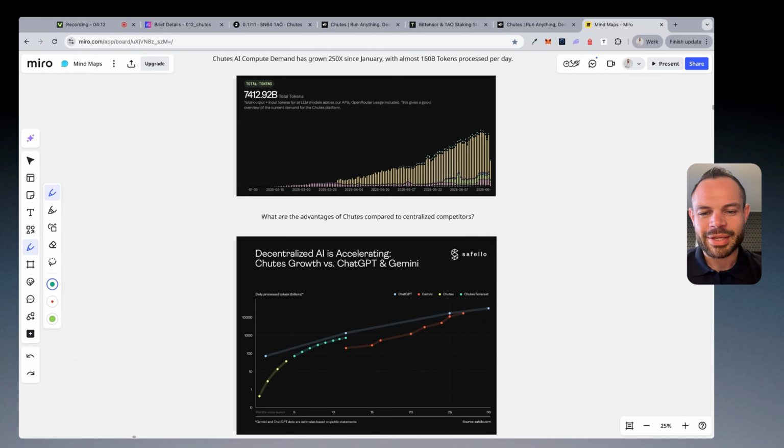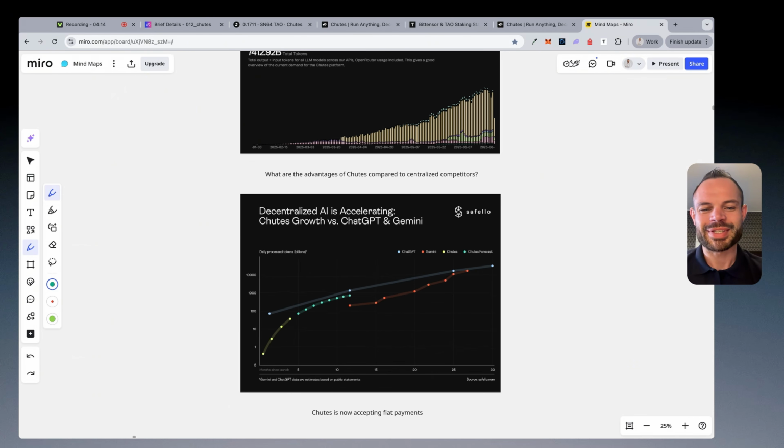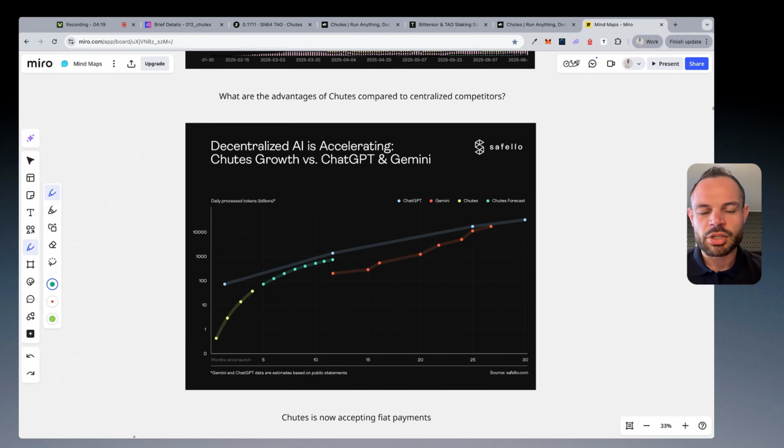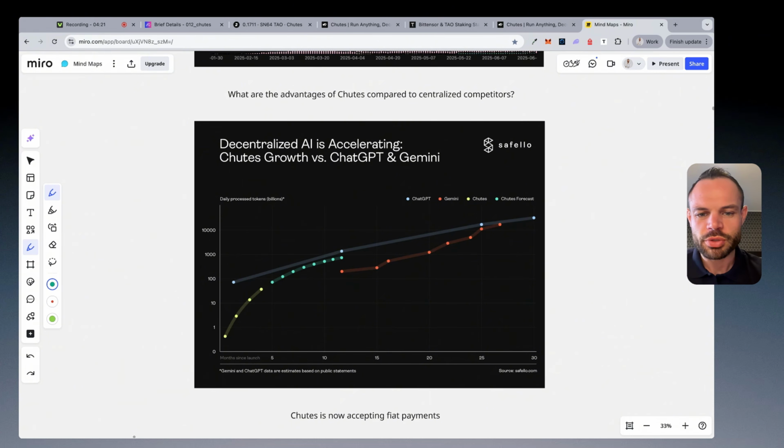And if we bring it back here to think about the advantages of Chutes compared to centralized competitors, this chart for me really illustrates the trajectory that we're on for Chutes and the real threat that it is posing to centralized competitors in the AI landscape. This yellow line here is representing the growth trajectory of Chutes in terms of token input outputs that we were just looking at on that chart a moment ago.